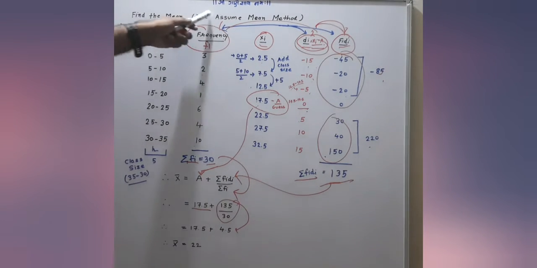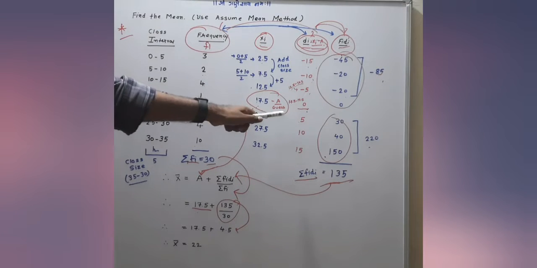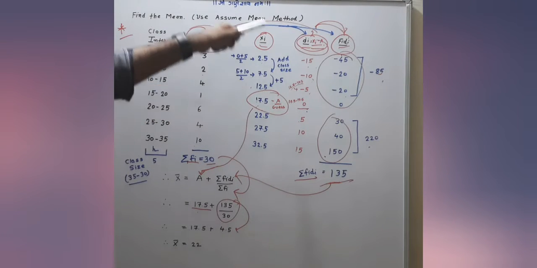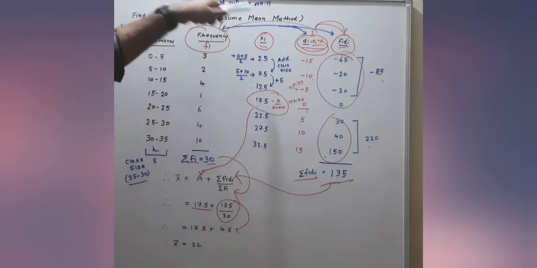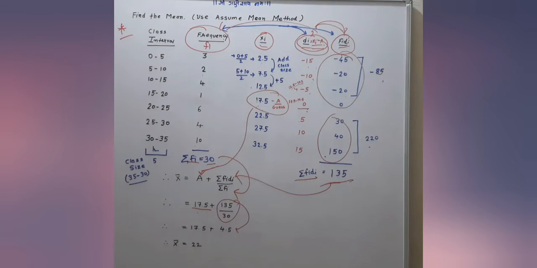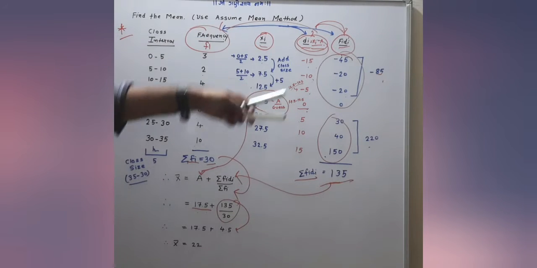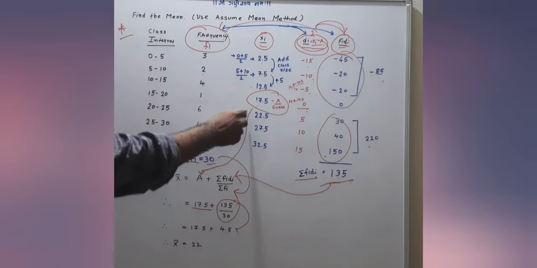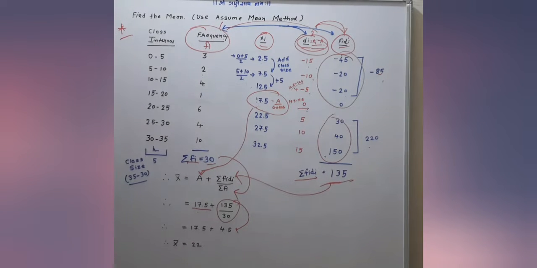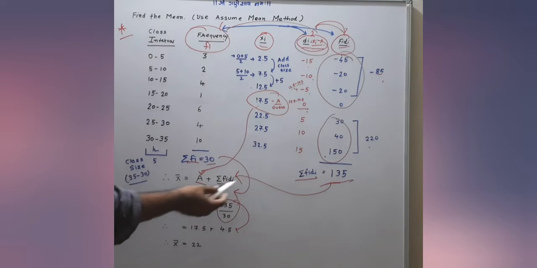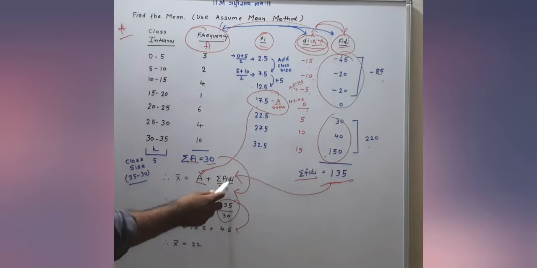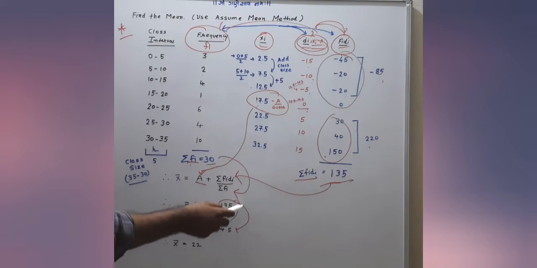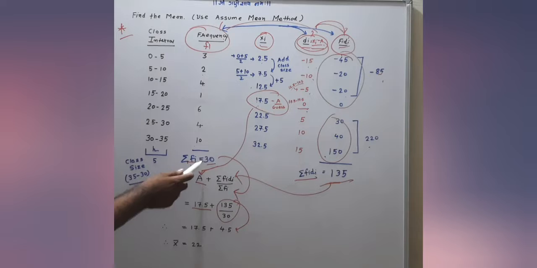In the assuming method, the main thing is you have to remember how to guess the A. You can guess any number from this as A. And then you just have to put the values you find in this equation. So x bar is equal to, we know, A plus sigma fidi upon sigma fi, where I put the value of A, that is 17.5, then sigma fidi, that is 135, and then sigma fi, that is 30, from right here.